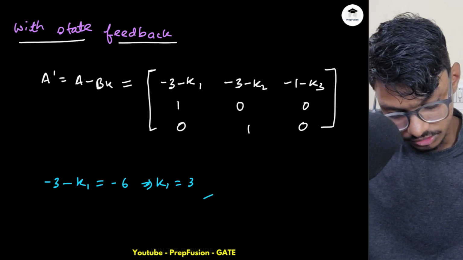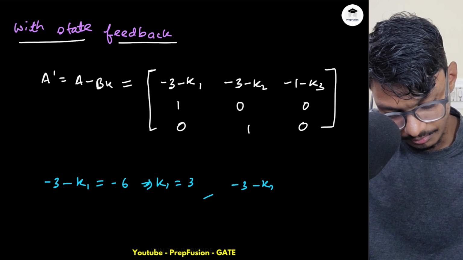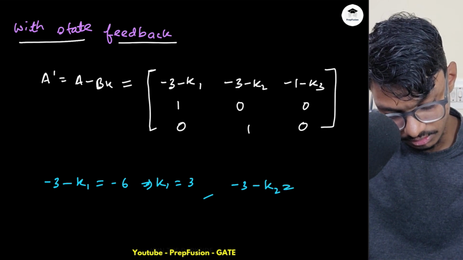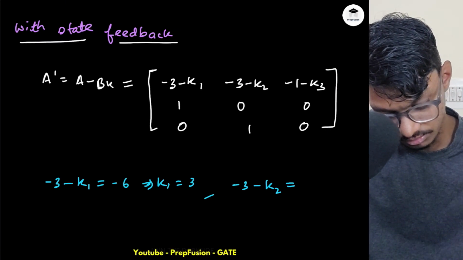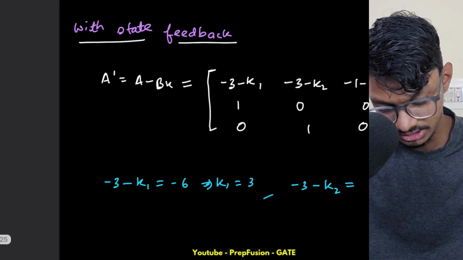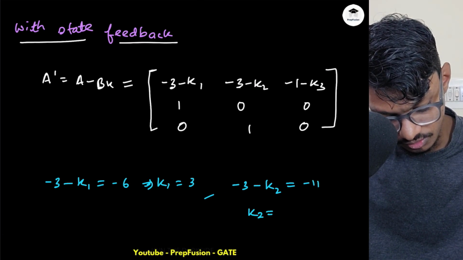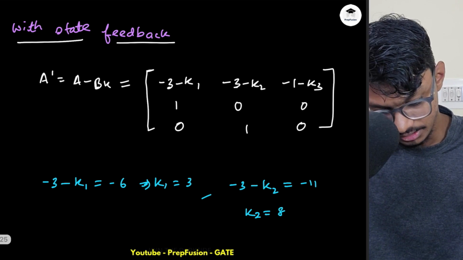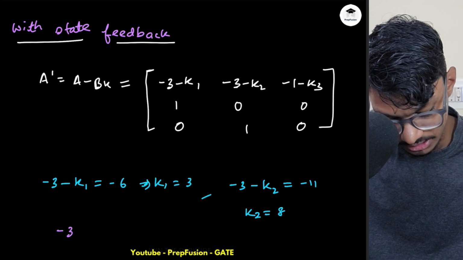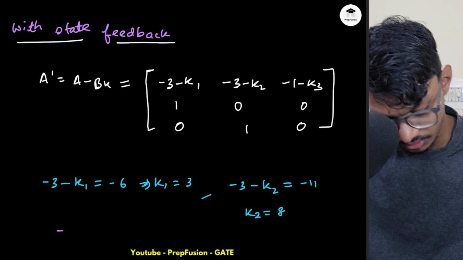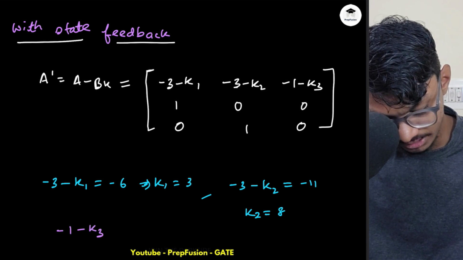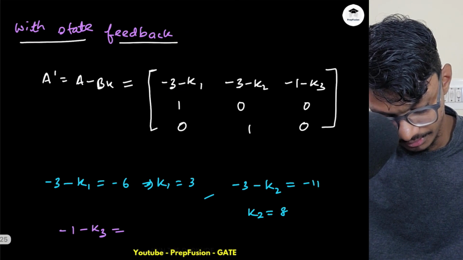Now also -3 minus K2 equals -11, so K2 equals 8. And the third equation is -1 minus K3 equals -6.